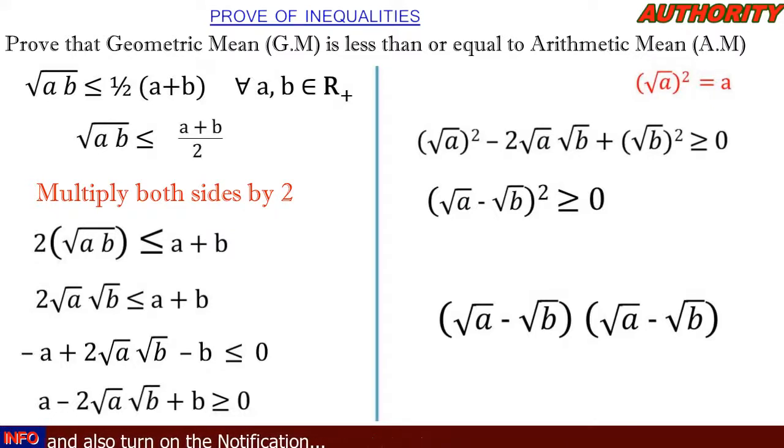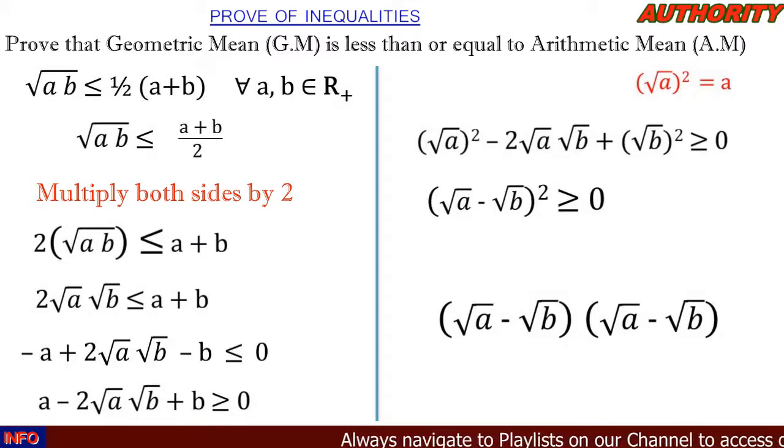So when you open it into two places and solve it, we are going to obtain the above term. So therefore, we have solved this and simplified it, and we discover that root A minus root B, all in bracket, squared, is greater than or equal to 0.